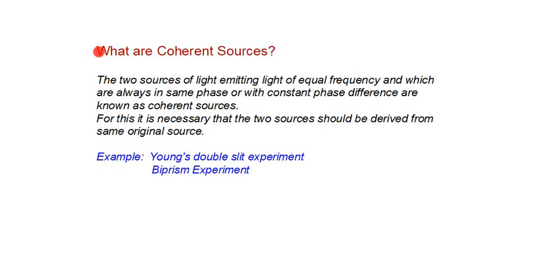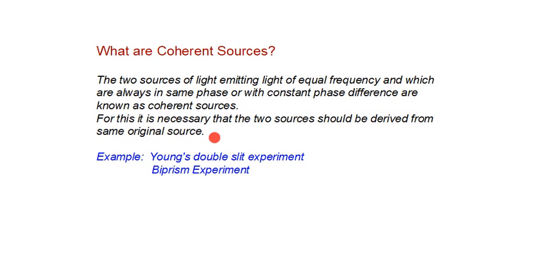What are coherent sources? The two sources of light emitting light of equal frequency and which are always in the same phase or with constant phase difference are known as coherent sources. For this, it is necessary that the two sources should be derived from the same original source.